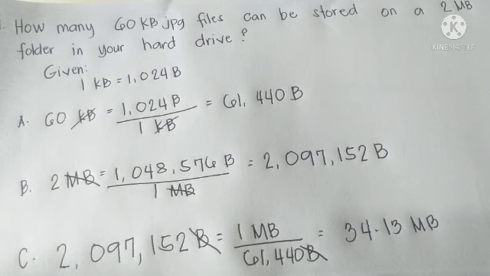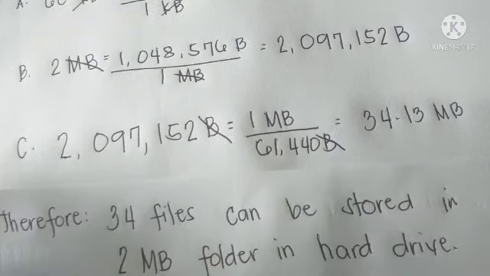So you cancel the byte. 2,097,152 bytes divided by 61,440 is equal to 34.13. So therefore, 34 files can be stored in a 2 megabyte folder in the hard drive. So that is how to compute how many files can be stored in a hard drive.